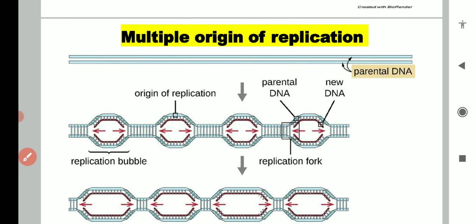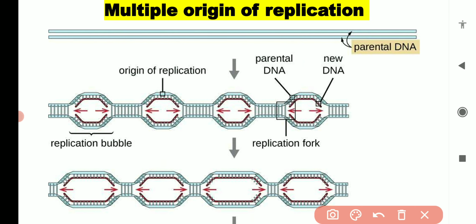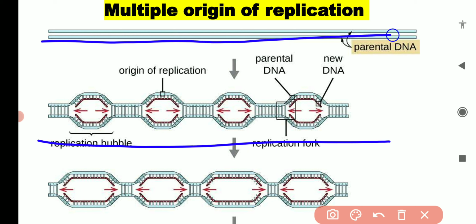Now if you look at multiple origins of replication in eukaryotes, this is a long DNA molecule, and here you can see in simpler form the parental DNA, with the two DNA strands.